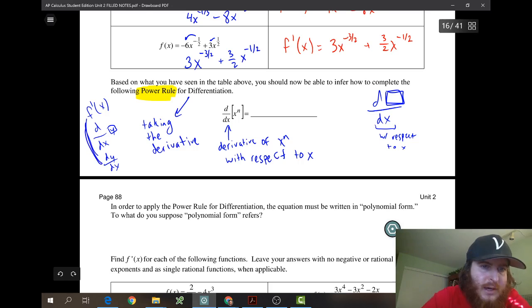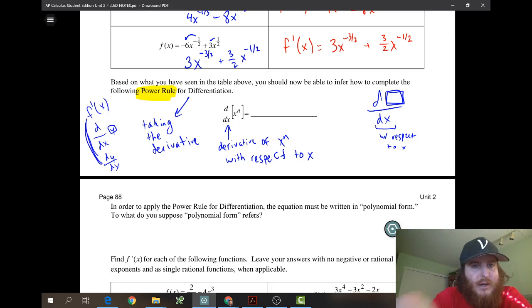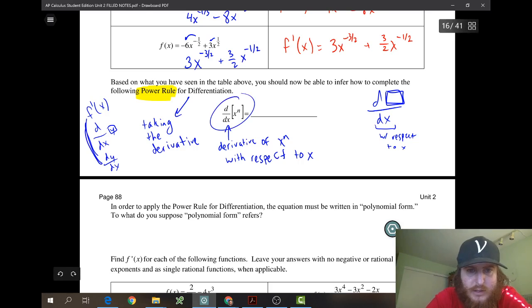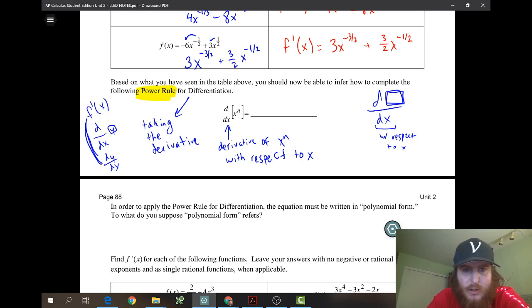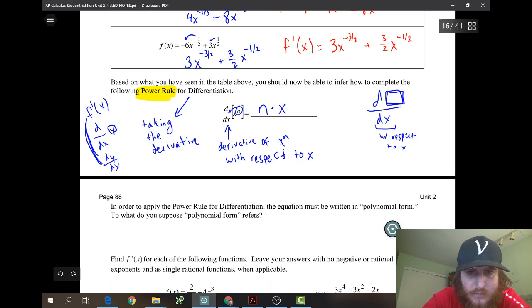We're going to realize that. But for right now, just understand that this here is telling us that we're going to take the derivative of x to the nth power. So our power rule is going to be that we're going to take our exponent, we're going to multiply it to the front. So we're going to have n times x to the nth minus 1, right? Because then we're going to subtract off 1 from our exponent.